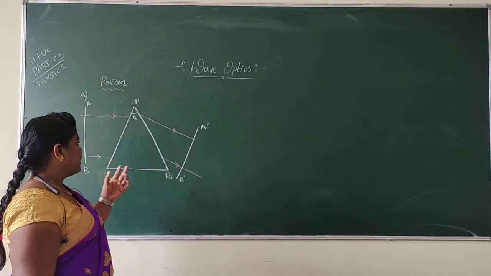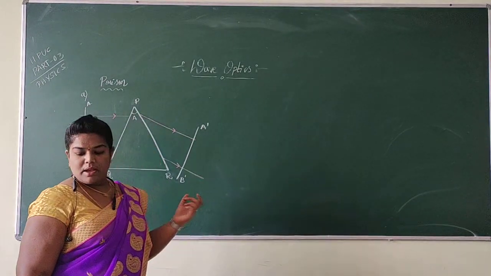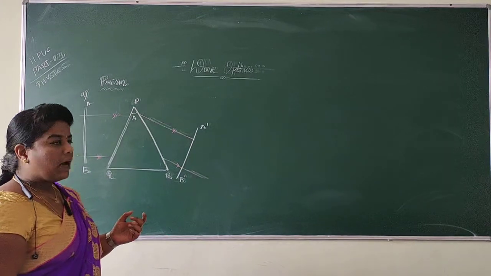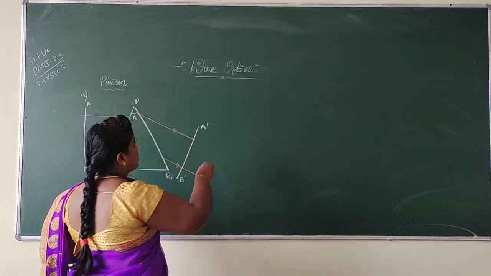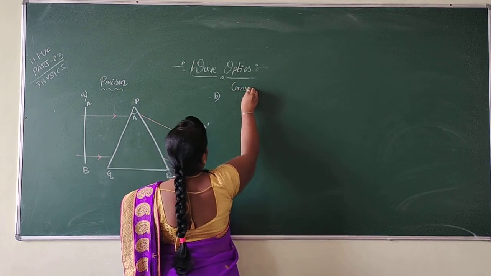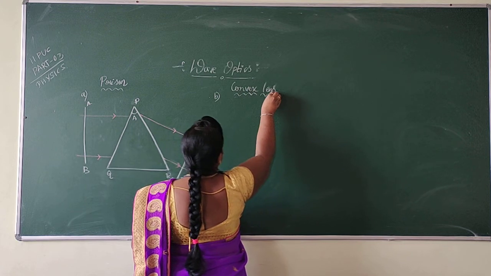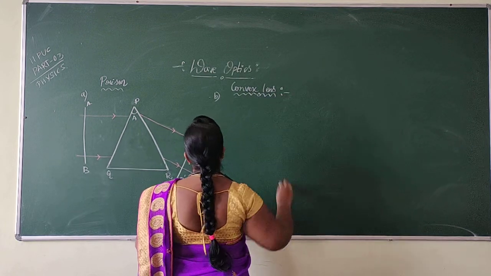And also you should mention that AB is the incident wavefront and A dash B dash is the refracted wavefront. Now I am moving to the second one. Now you may get a question like, draw the refracted wavefront produced by the convex lens. This question you may get in your examination.